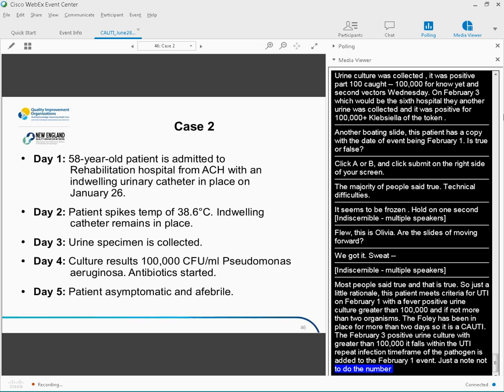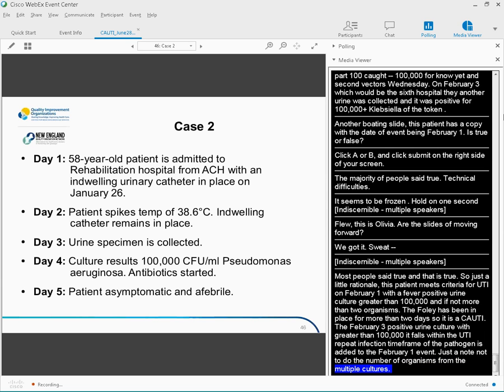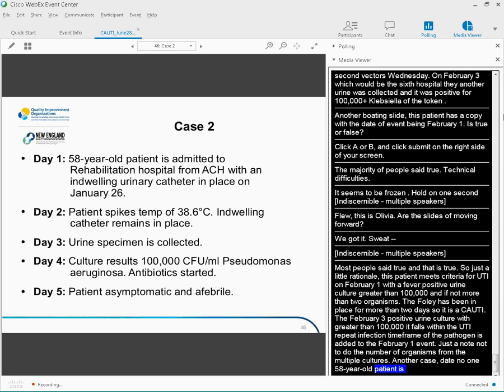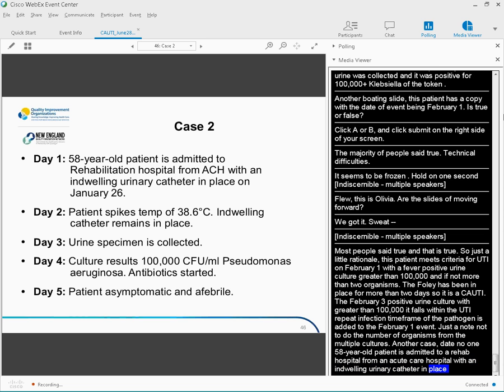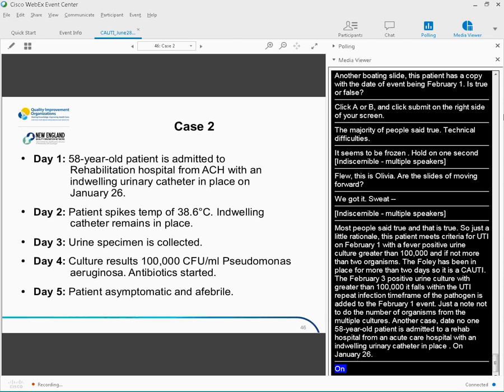All right, here's another case. Day 1, a 58-year-old patient is admitted to a rehab hospital from an acute care hospital with an indwelling urinary catheter in place. This is on January 26th. On day 2, the patient has a temp to 38.6.